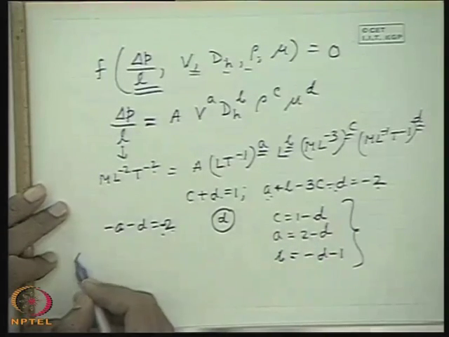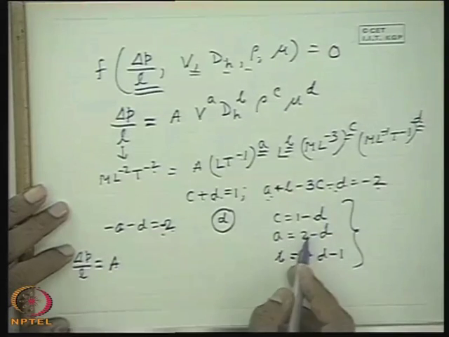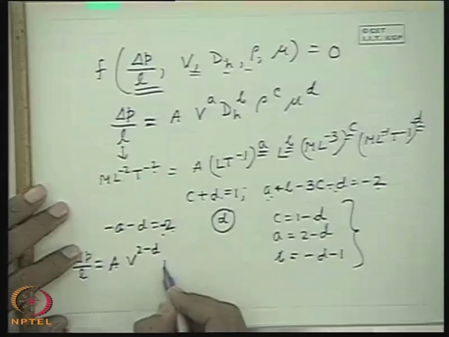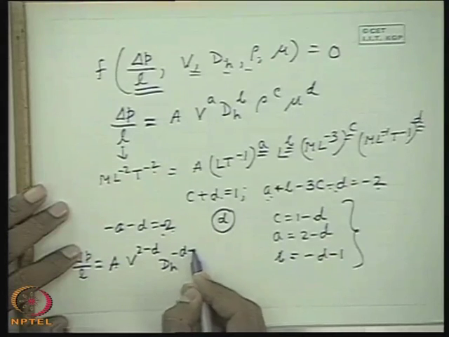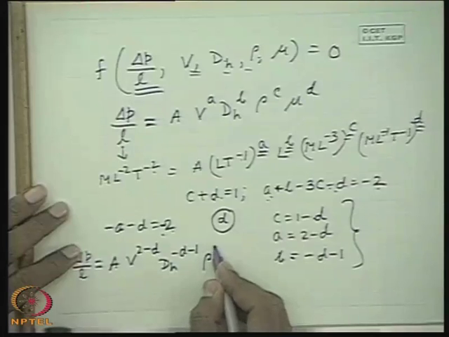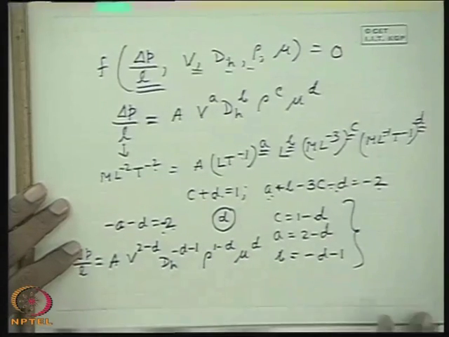Then I put here delta P by L is equal to a V to the power 2 minus d, dH to the power minus d minus 1, rho to the power 1 minus d. So everything now is expressed in terms of d.